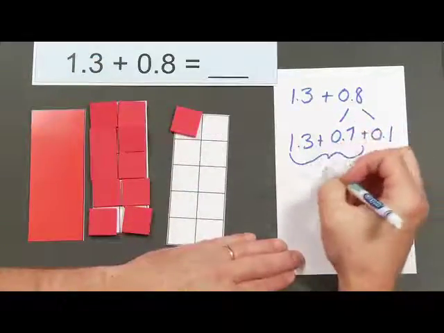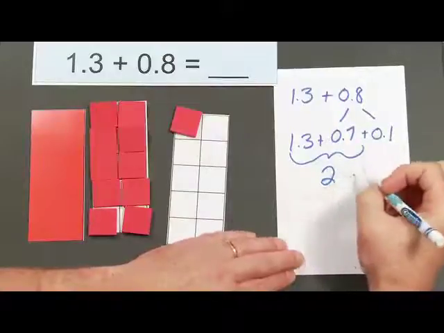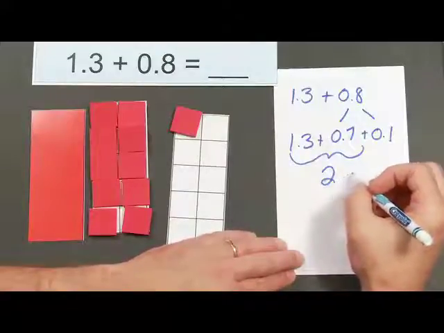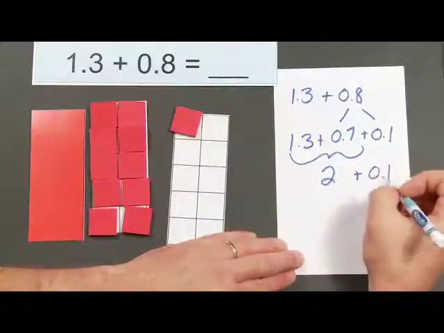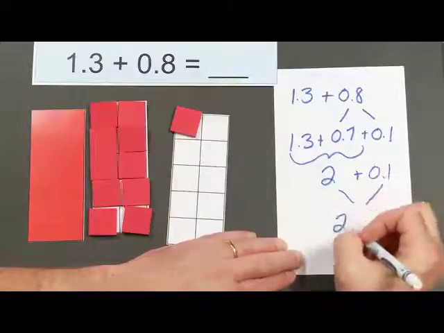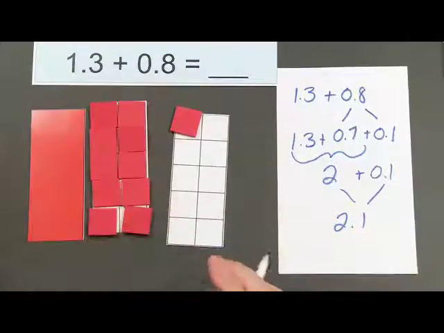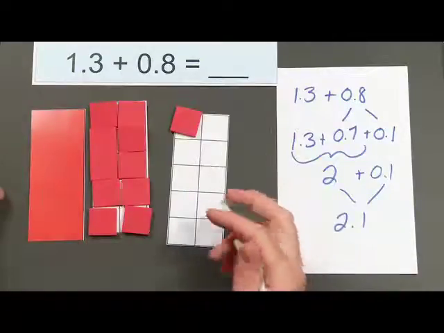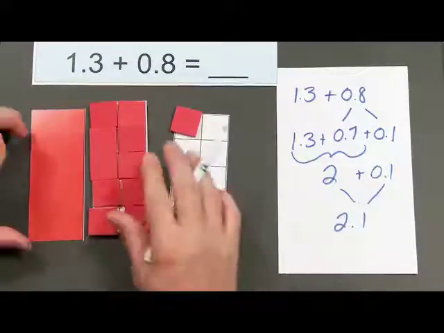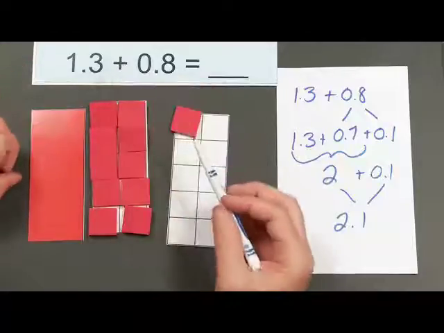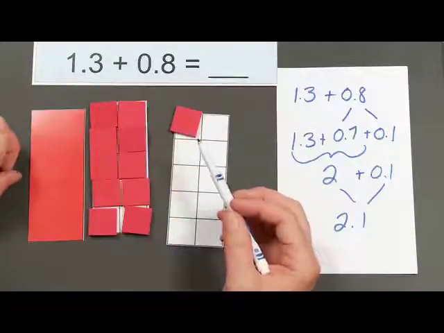This here gives me 2 wholes and 1/10. 2 and 1/10. Can you see that? So I'm starting to think this way in my head. I can visually think of what's happening. I'm counting up to the next whole.